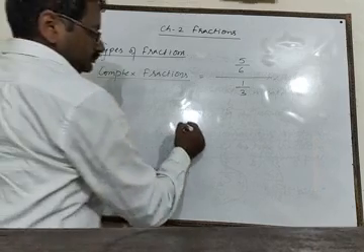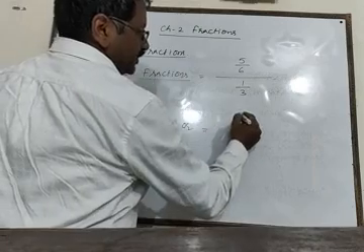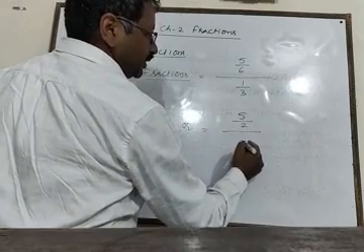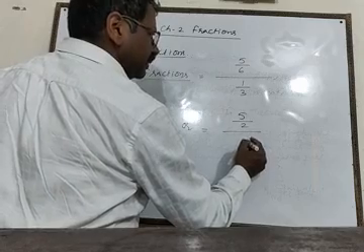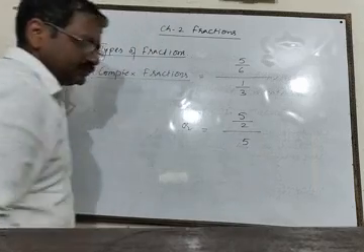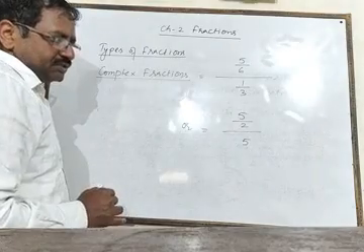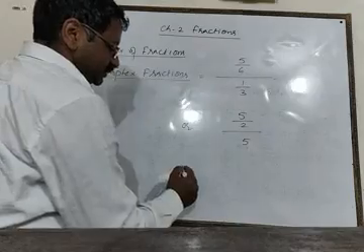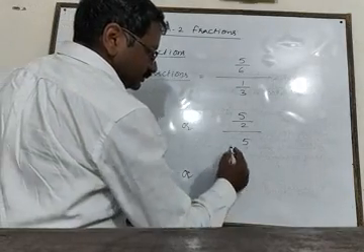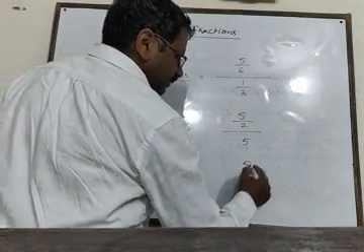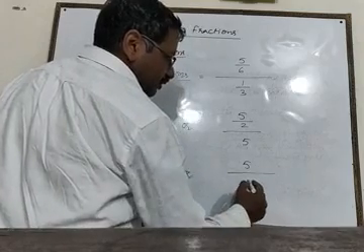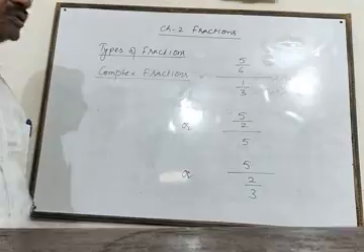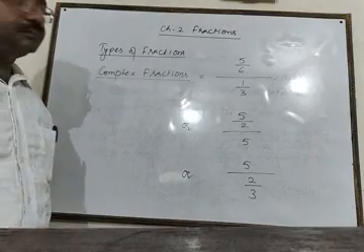Or in the numerator there is a fraction, in the denominator there is a simple number 5, then also it is a complex fraction. Or in the numerator there is a simple number and in the denominator there is a fraction, then also it is a complex fraction.